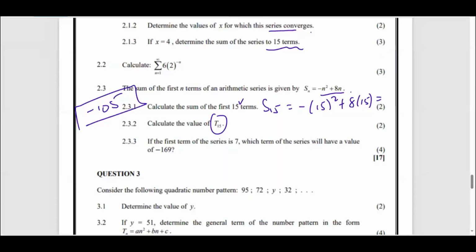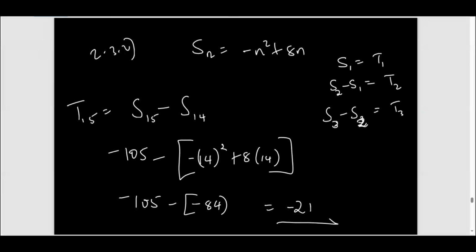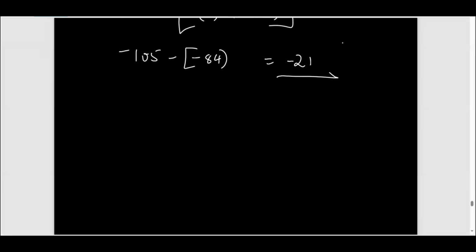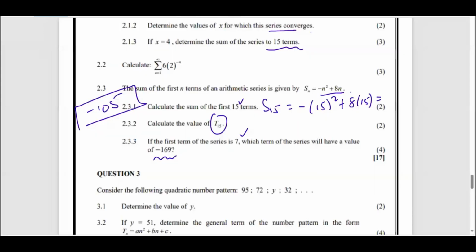Then if the first term is 7, which term will have a value of negative 169? So we're saying the first term is 7. We need to find the first difference. This is the only key thing that we need. We have a as 7.